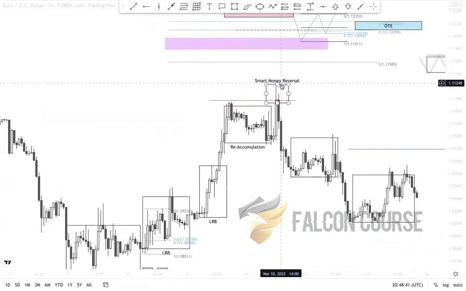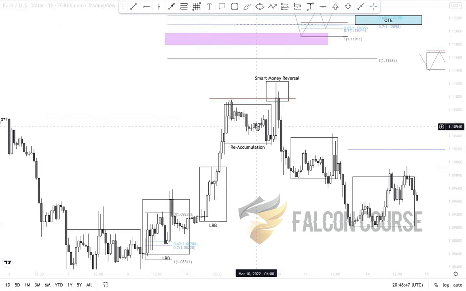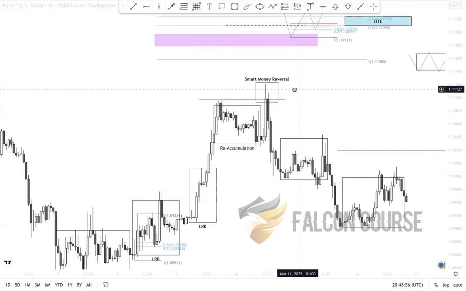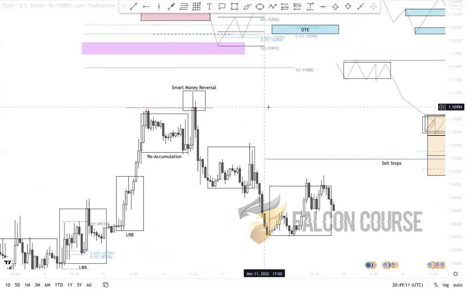So back to the smart money reversal. Once the market is in the reaccumulation stage, it will impulsively take out the reaccumulation and make the smart money reversal. Before I zoom in on the lower time frame, I want to add a little bit of context on how you can notice that the smart money reversal is actually happening.